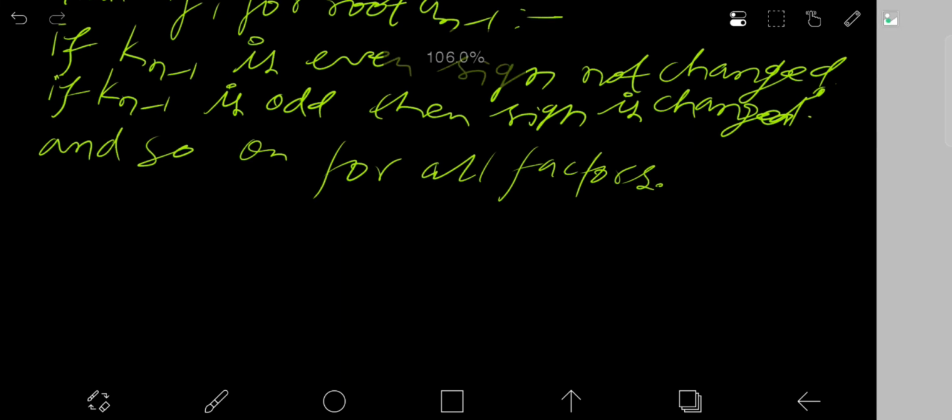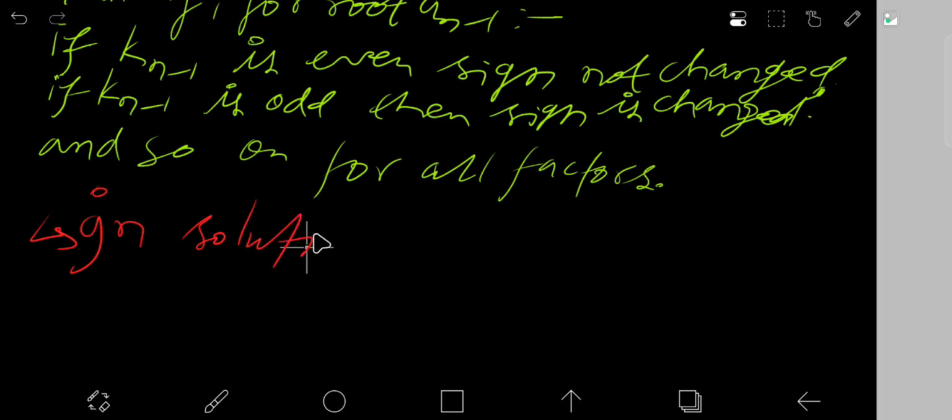Now, which solution do we take for the given expression?